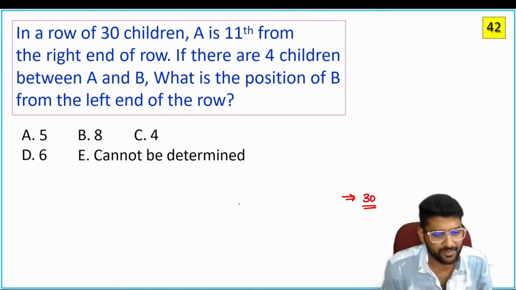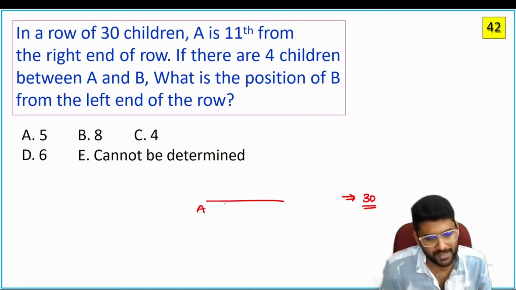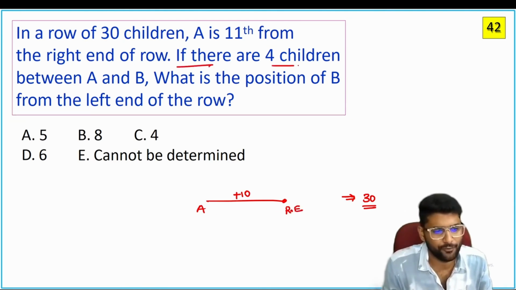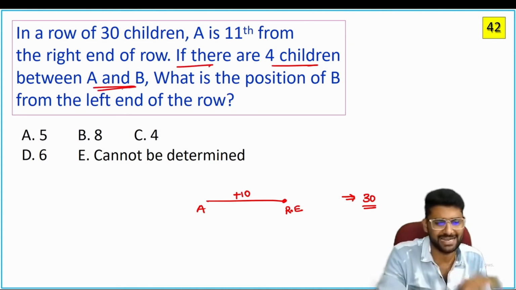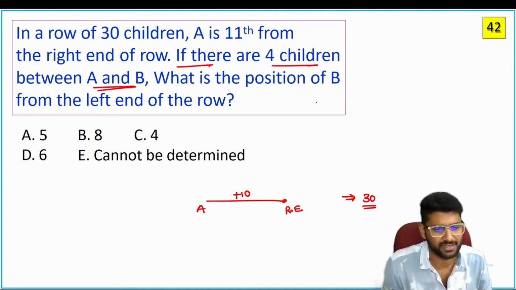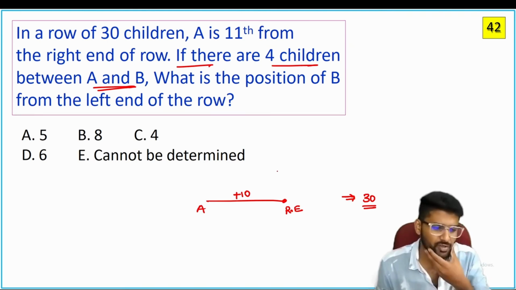A is 11th from the right hand. If you take the right end here, towards the right side of it 10 people are there. If there are 4 children between A and B, we don't know whether B is on the right side of A or the left side of A. Then what is the position of B from the left end of the row?